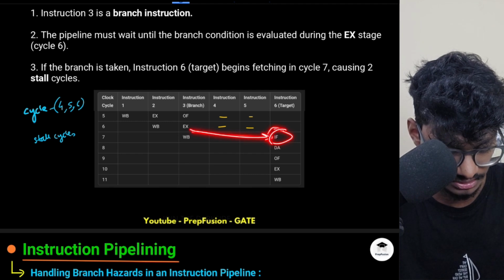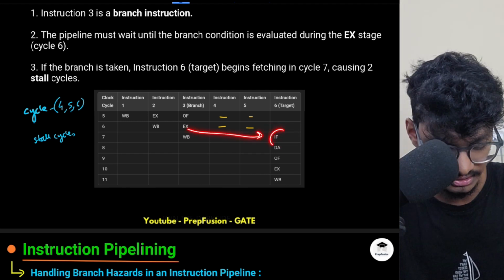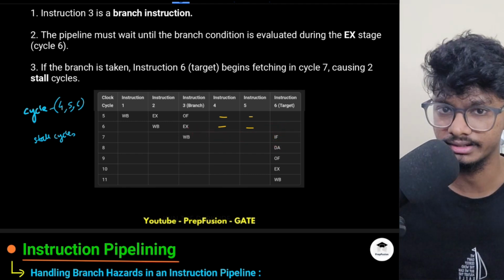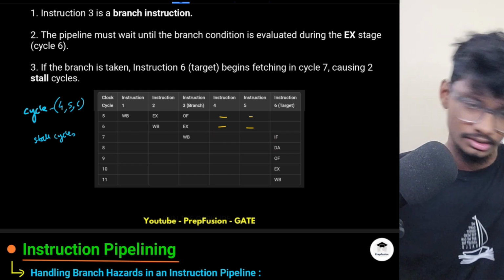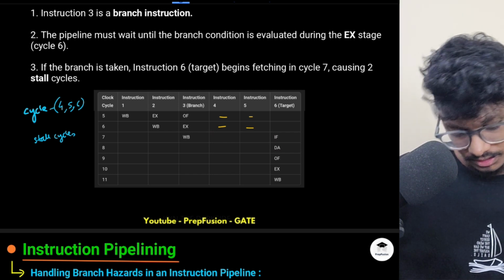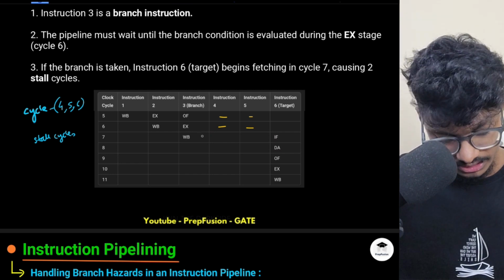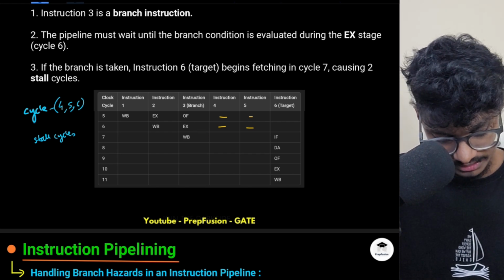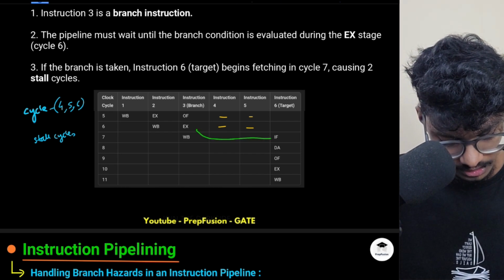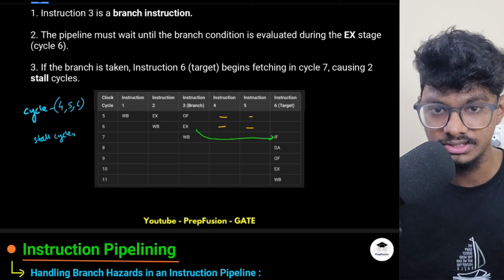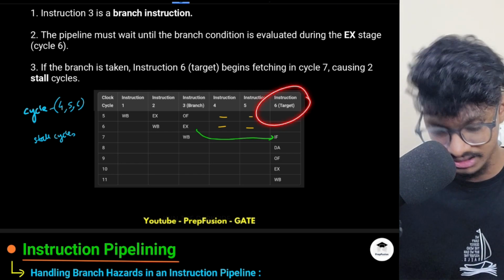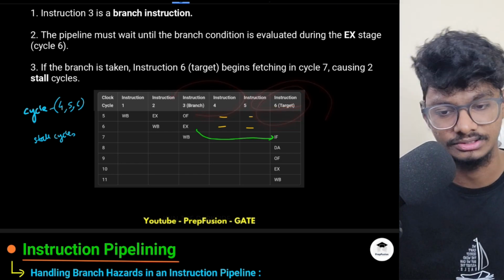I will not wait. So I will just wait until this execution phase, and as soon as I execute this, I will directly go to my instruction fetch for the target address. If it was I6, I will fetch the instruction I6. If it was I4, I will fetch the instruction I4.